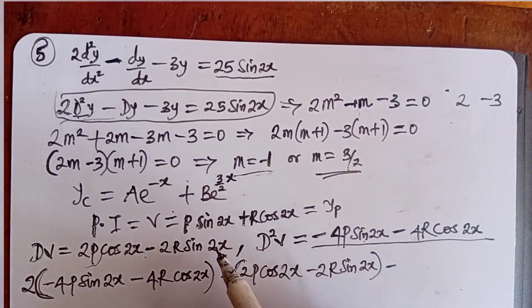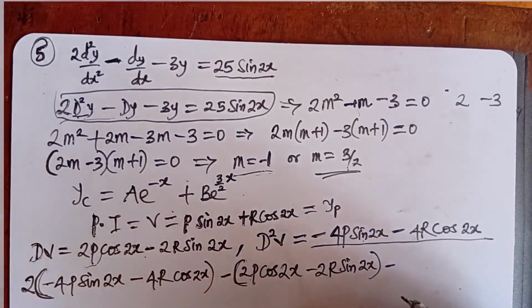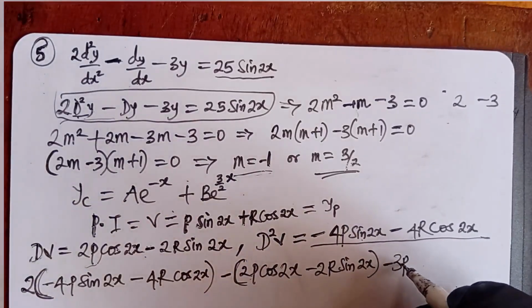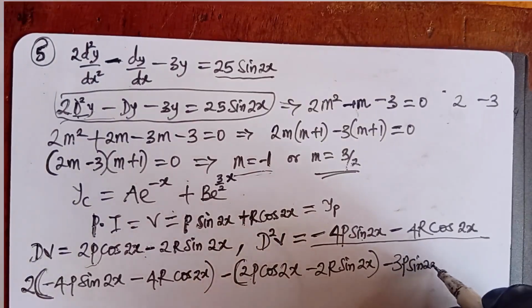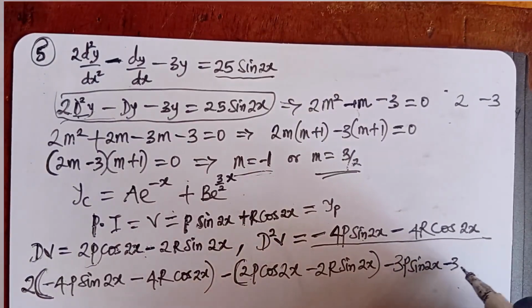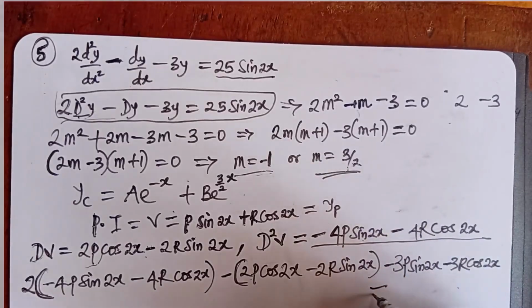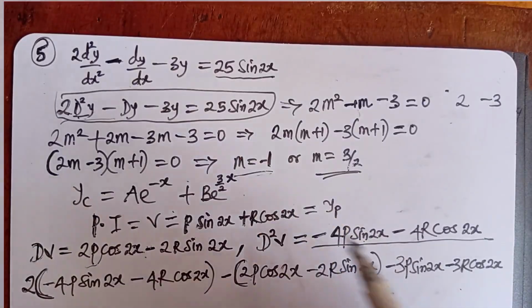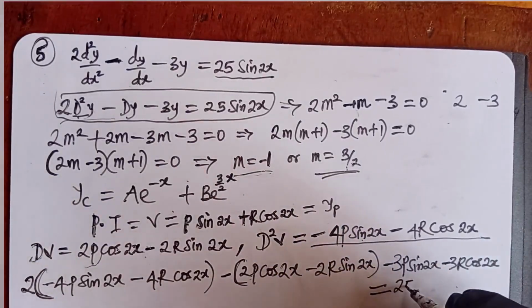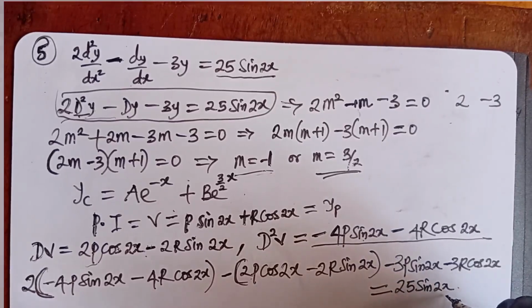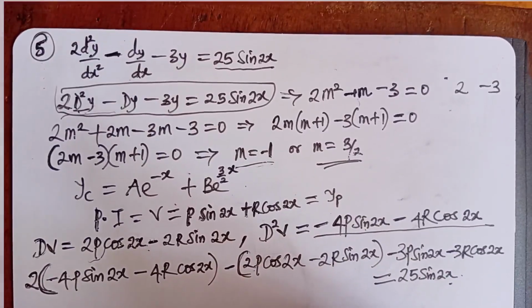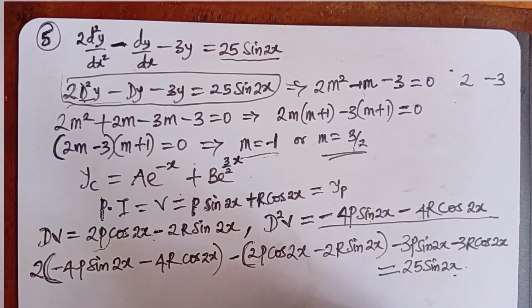So I will use minus 3 times everything here, which gives me minus 3p sine 2x, then minus 3r cos 2x. Everything is equal to the right hand side, 25 sine 2x. Straightforward. You've been following the solution and it's not difficult at this point in time.